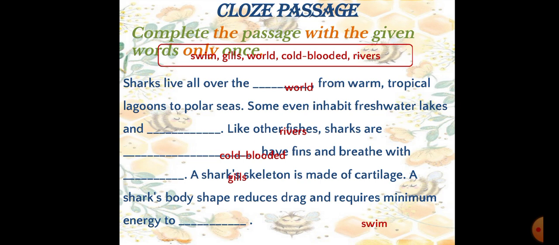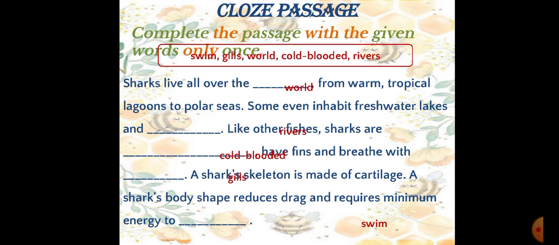If we are talking about fish, a fish breathes with which thing? Gills. So gills is going to come here. A shark's skeleton is made of cartilage. A shark's body shape reduces drag and requires minimum energy to dash, to swim, of course, because swim is left.